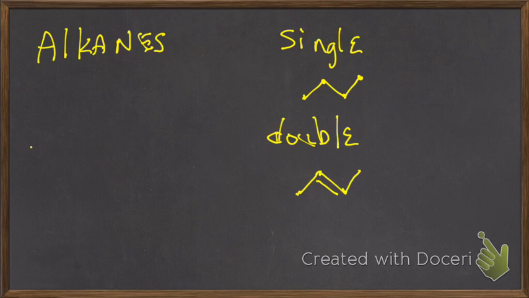Those are alkenes. So if they have a double bond, they're called alkenes. And you'll find out that that one right there is specifically called trans-2-butene. Not that I actually expect you to be able to name it at this point.